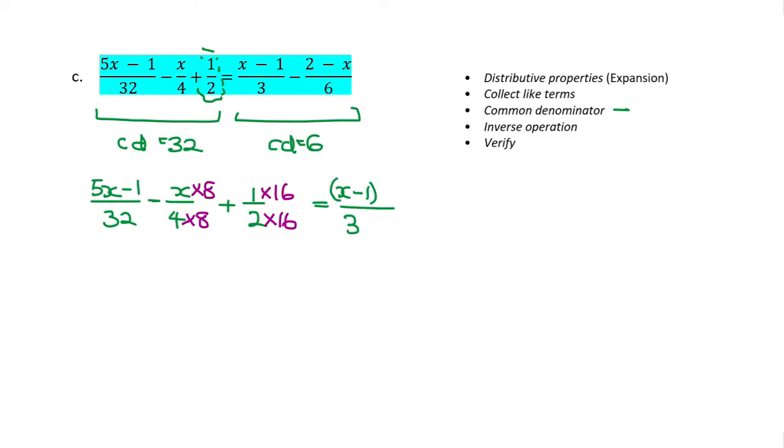We'll put a bracket there, and we recognize that 3 times 2 gives us 6, as well as we're multiplying the numerator by 2, and this here minus (2 minus x), we put a bracket, over 6, which in this case we don't have to multiply by anything, we just multiply by 1. So if we multiply here by 1 and here by 1, it's still the same thing.